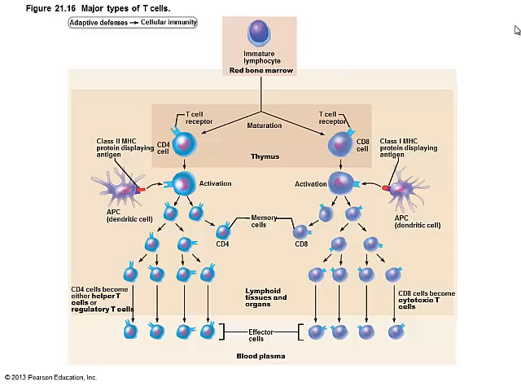CD4 positive T cells are going to help all the other cells in an immune response know what it needs to do. I call them the cruise director of an immune response. Without CD4 positive T cells, my immune response is not going to be organized enough to fight a given invader. And this is the problem with what nasty little virus? Yeah, HIV. Because they mess up CD4 positive T cells.